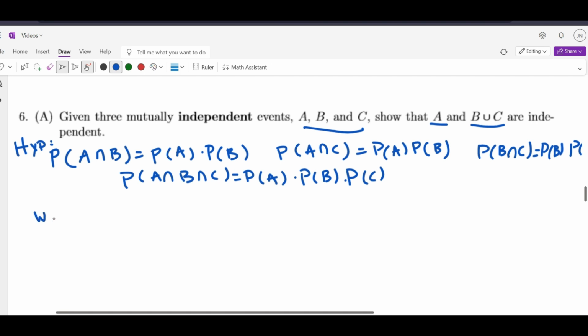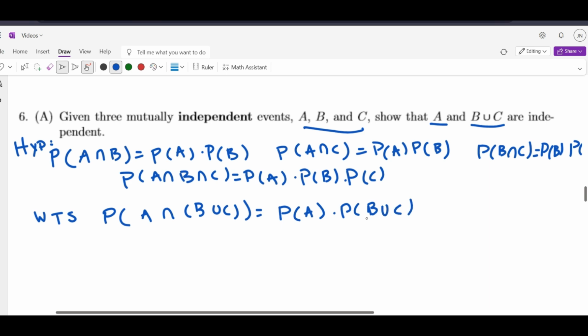What we want to show is that A and B union C are independent. That is probability of A intersect that set is equal to probability of A times probability of that set.